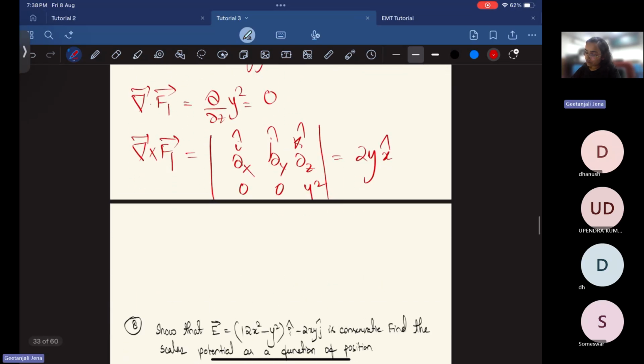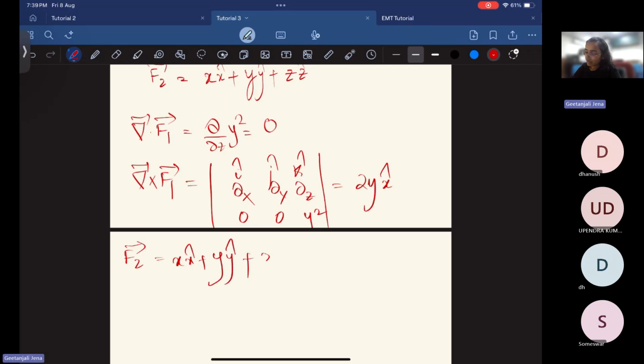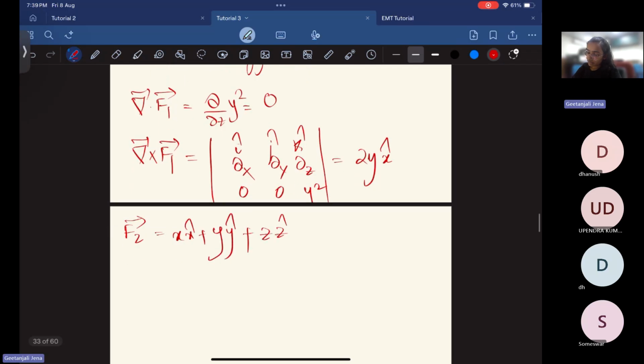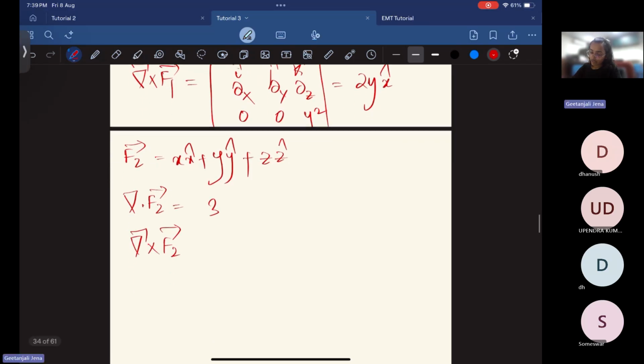For F2, we have x x cap, y y cap, z z cap. So divergence of F2 will give 3, right? And curl of F2 will give 0.